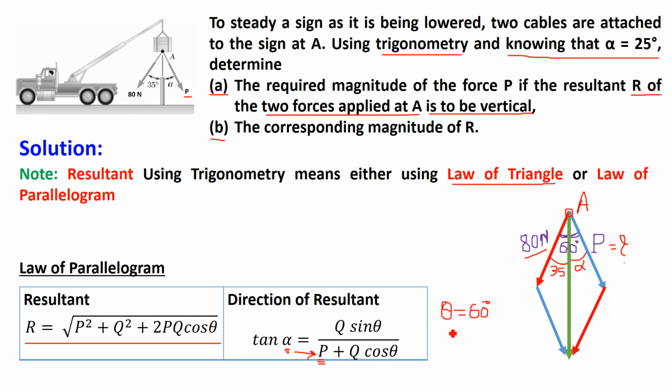Okay, Q is given to us 80 Newton, right, and P is, we have to determine what is value of P. Also we have to determine value of R, but one condition is given that R is vertical, this is R. So if you want to apply this direction formula, angle R, if you take this force as a P, angle made by resultant with respect to force P is this alpha.